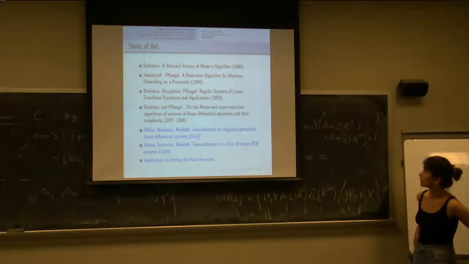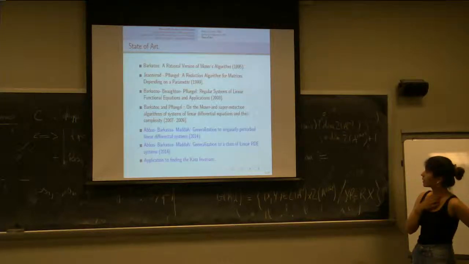Now, this rational version of this algorithm, that is a version which aids in computing the rational solutions of such systems, is the one I'm trying to generalize here, given in 95. However, newer versions of this algorithm are given by Barkatou and Pflügel in 2007-2009.